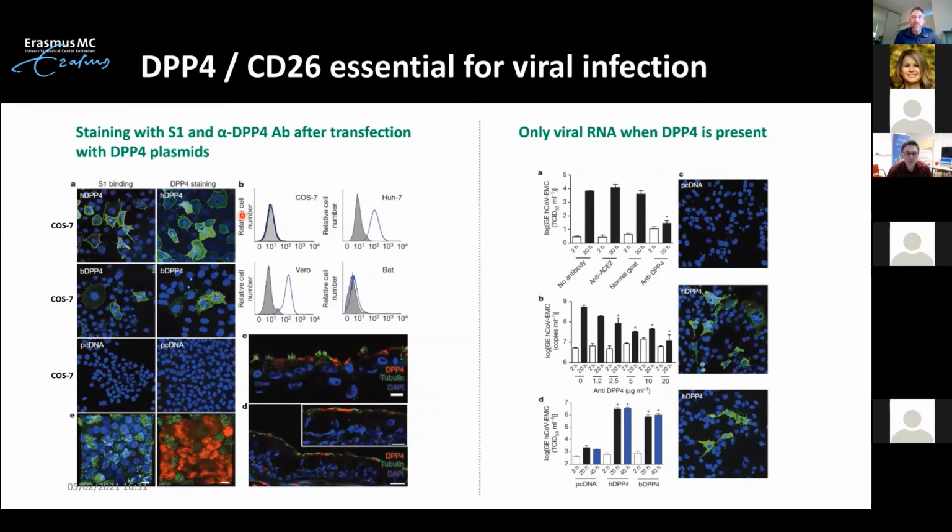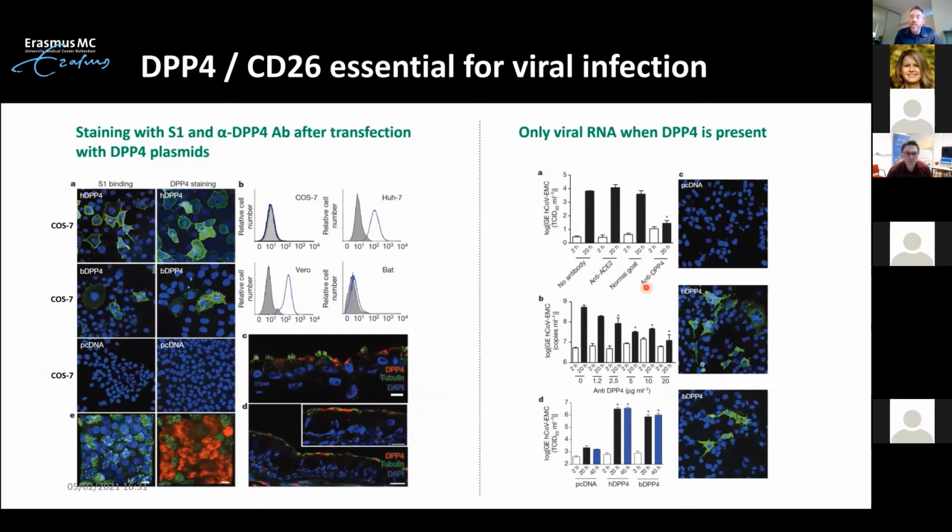And this left panel over here shows that S1 binds to monkey COS cells, transfected with plasmids encoding DPP4, and then stained with an anti-DPP4 antibody. And the figure on the right here shows that DPP4 is essential for viral infection.